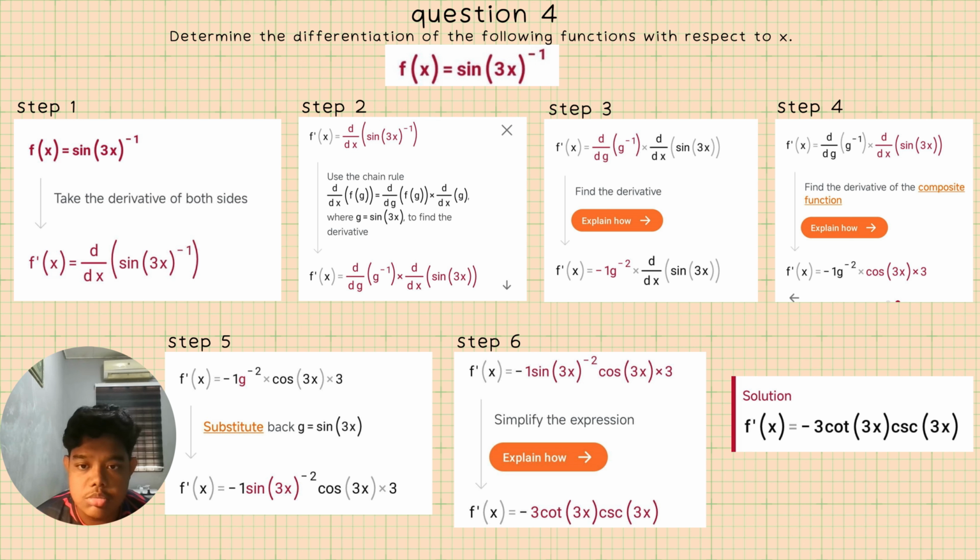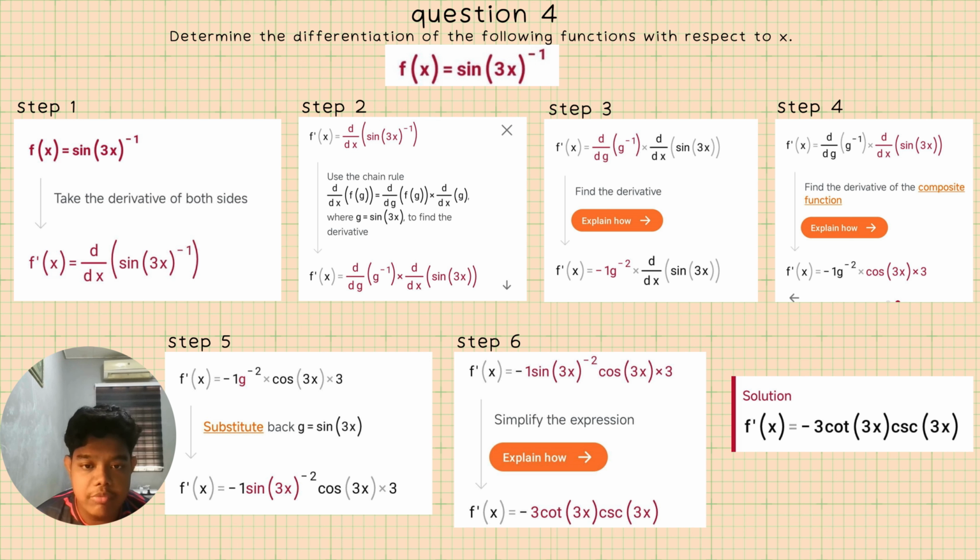Step 5 is we will substitute back the g, that is sin 3x. So we will get f prime x equal to negative 1 sin 3x power of negative 2 cos 3x multiple 3. And the next step is we simplify the expression.